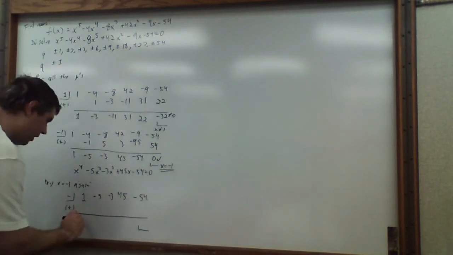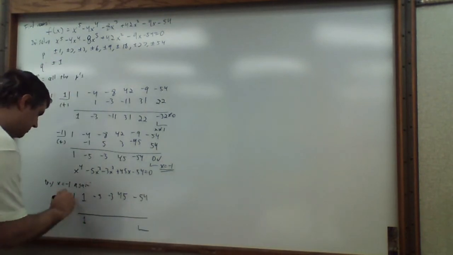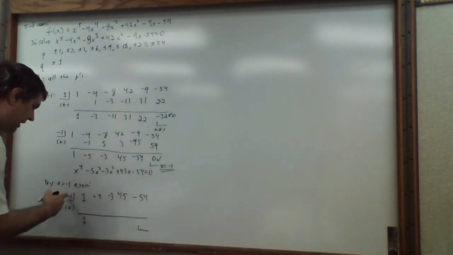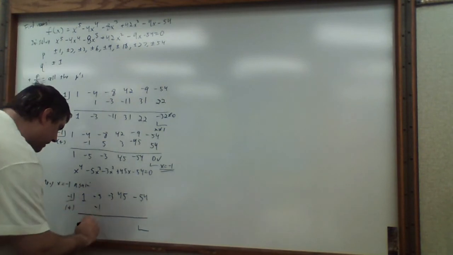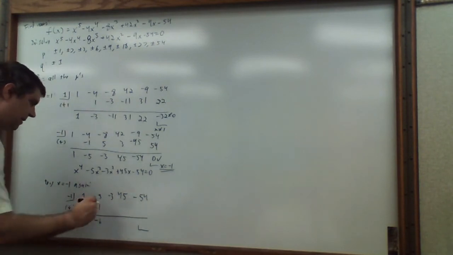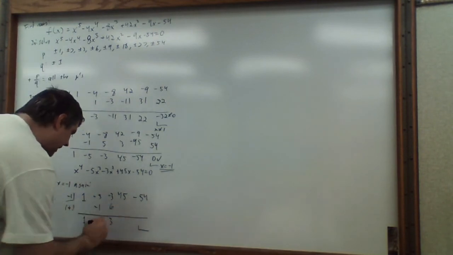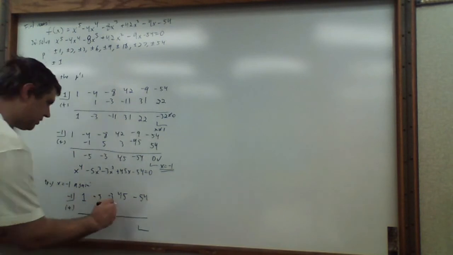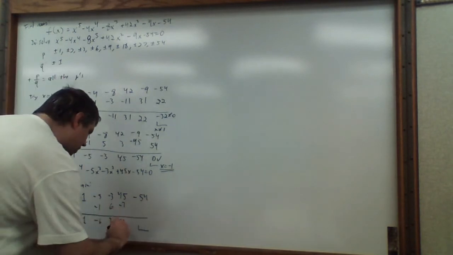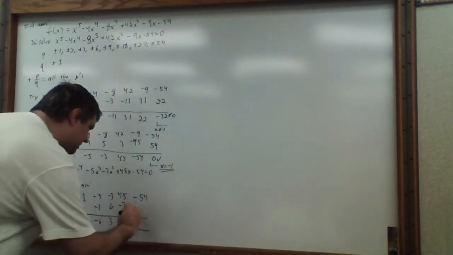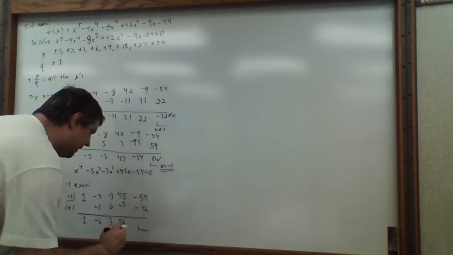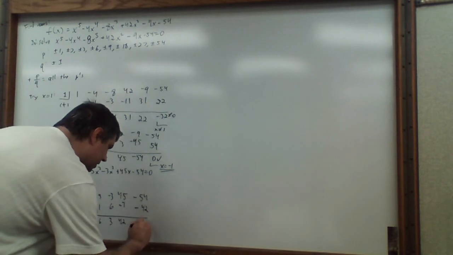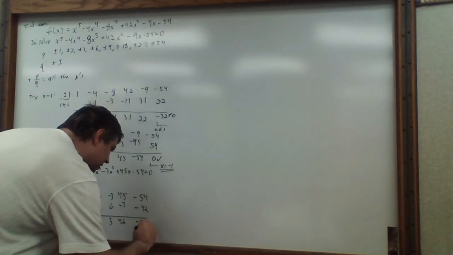Okay, bring down the 1. 1 times negative 1 is negative 1, that's negative 6. Negative 1 times negative 6 is 6, that's 3. Negative 1 times 3 is negative 3, it's 42. Negative 1 times 42 is negative 42, which gives me negative 96.